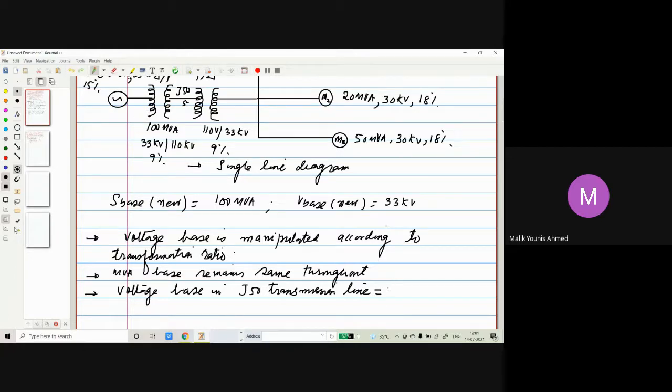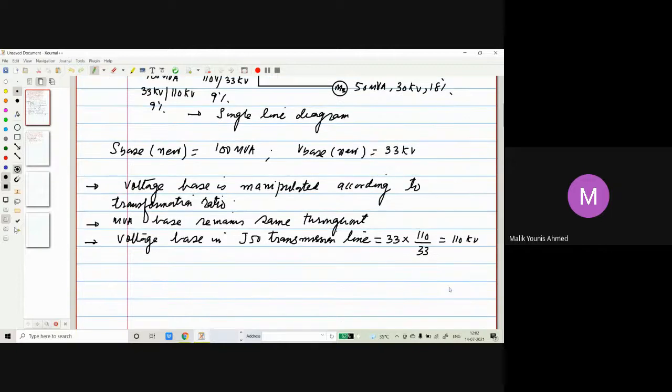So we will write that 33 kV. How will it change? What will be the voltage base in the transmission line J50? It will be the voltage base on the generator side multiplied by the secondary voltage divided by the primary voltage. The secondary voltage on the other side is 110. You can see the ratio 33 by 110. So it will be 110 by 33, and that will be 110 kV. So the voltage base in the J50 transmission line is 110 kV.